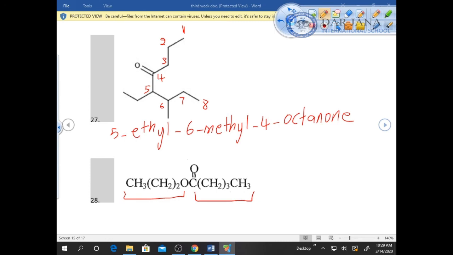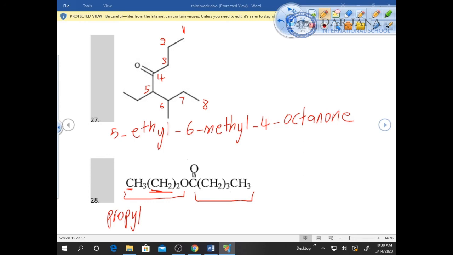So the name of this molecule number 28 is propyl. This is the alcohol side. There are 3 carbons, 1, 2, and here we have 1 carbon atom, so the total is 3 carbon atoms in the alcohol part, so it will be propyl.